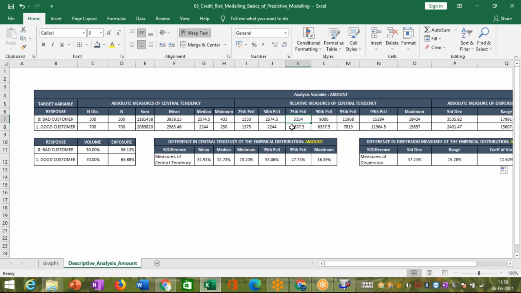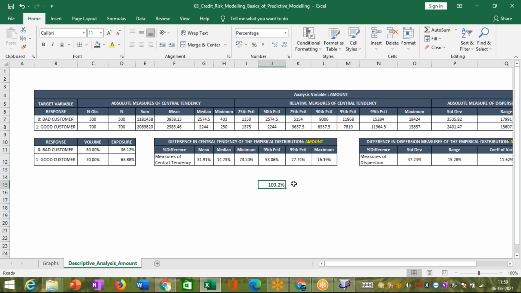So between the 50th percentile and the 75th percentile, the variability in the distribution of the bad customers has increased. If you look across 2,574 and 5,154, we take this minus this divided by this, so it is more than a 100% increase, 100.2%. So it has nearly doubled, right?